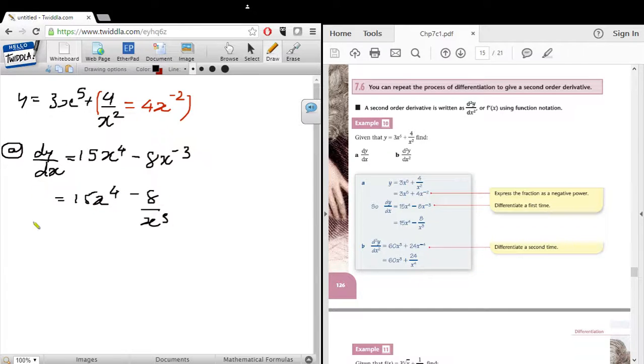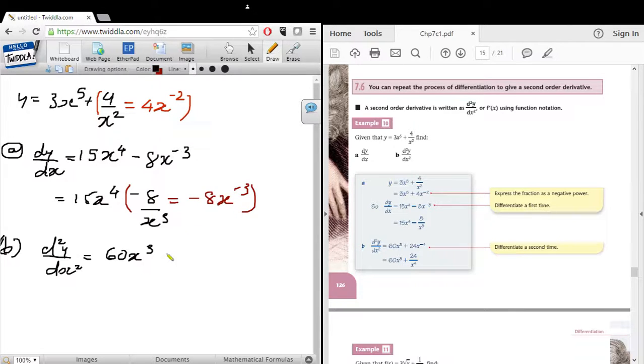We want to differentiate it again, so let's differentiate it again. So d squared y dx squared: 15 by 4 gives us 60 x cubed, and then we have this particular one here. Remember, this is equal to minus 8 x to the power of minus 3.